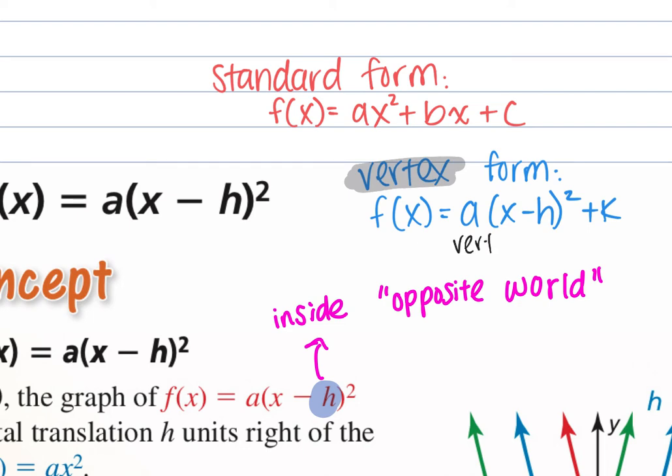So our vertex in this form is whatever the h value is, comma, the k value. The k is going to be the vertical shift, and the h will be the horizontal shift, right? So whatever you're shifting horizontally, that's going to be your new x value of the vertex. And whatever you're shifting vertically, your k value, that's going to be the y value of your vertex, okay? So we're going to use h and k to figure out our vertex.